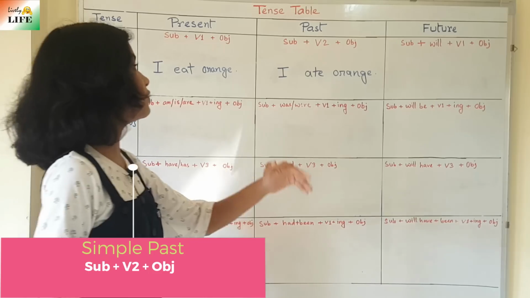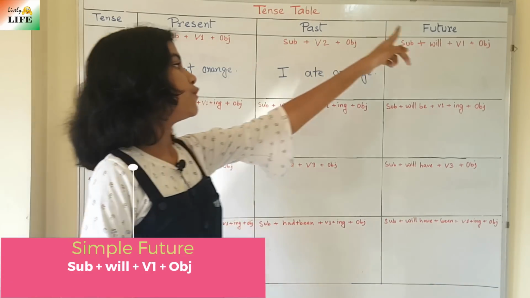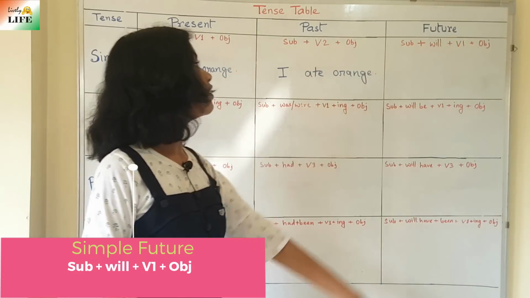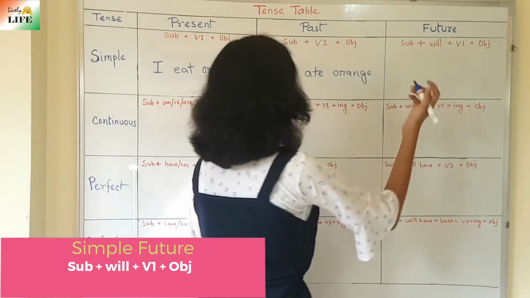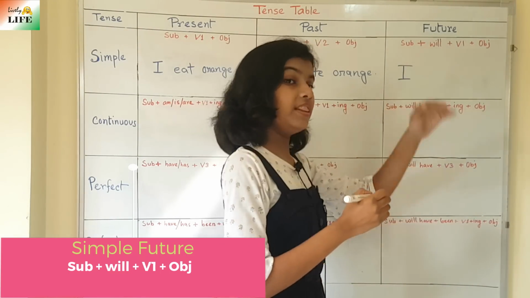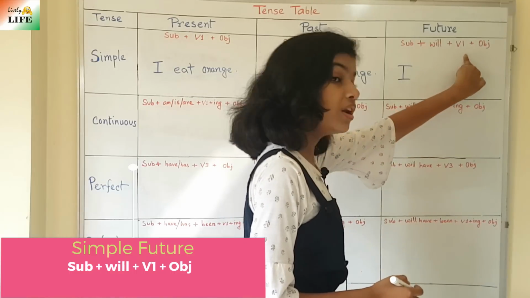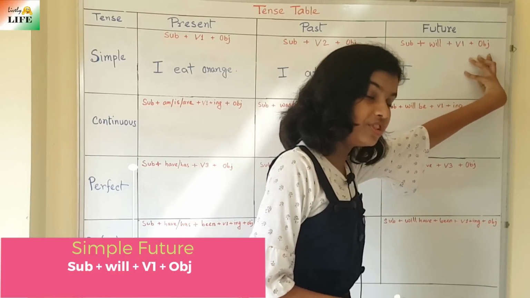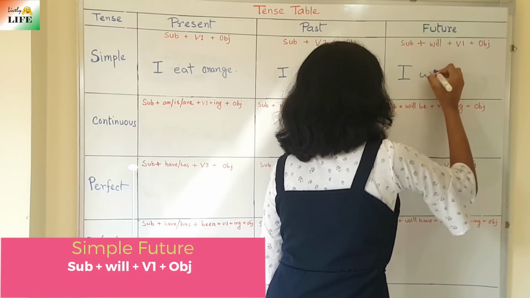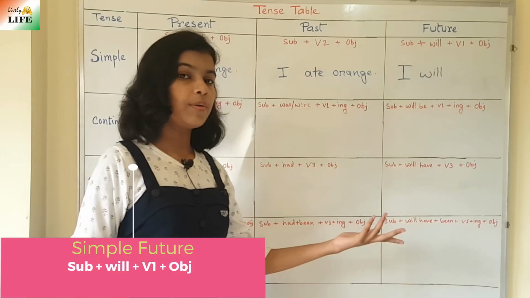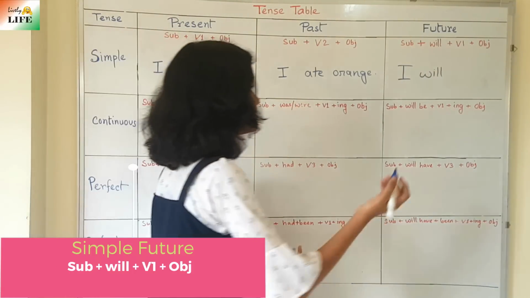Now let's move to the third one, that is simple future tense. So what is the construction? First subject, same I, then will, then V1 form, and then object. So I will, then V1 form means the first form, so it is eat.